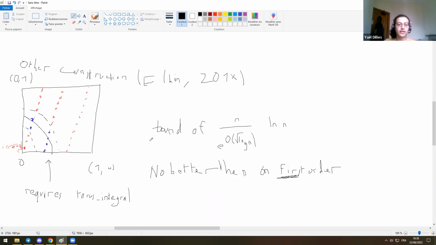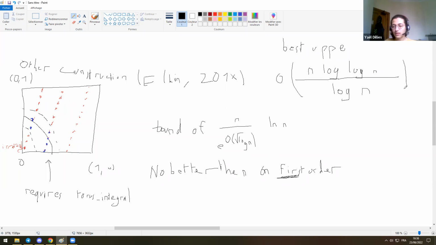Actually, I think that the best upper bound today is something like n over log n, something like this. So this definitely rules out linearity.